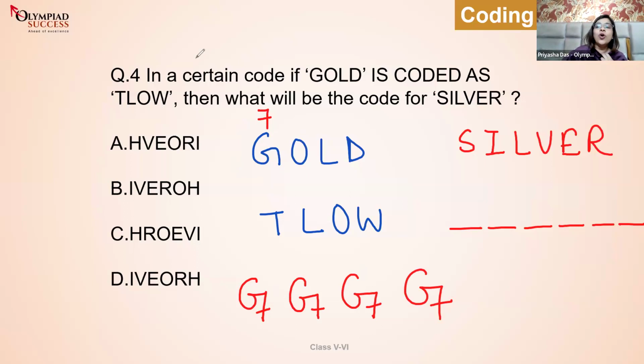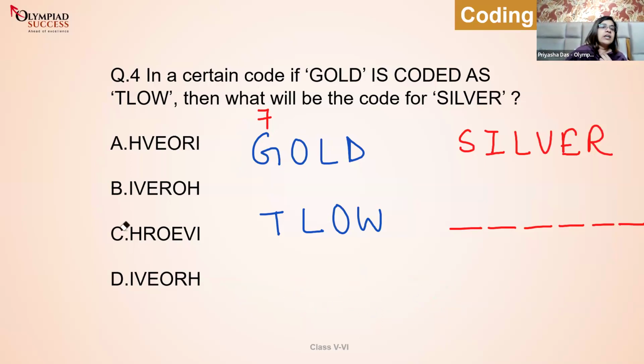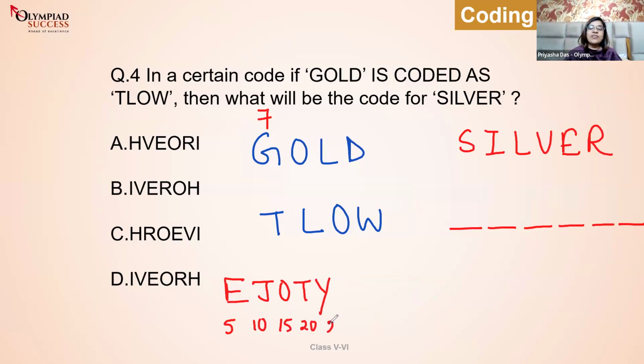Let's talk about O now. Okay? Now there is a very famous way. We call it as Ijoti. Very famous. What's Ijoti? Ijoti actually stands for 5, 10, 15, 20, 25.